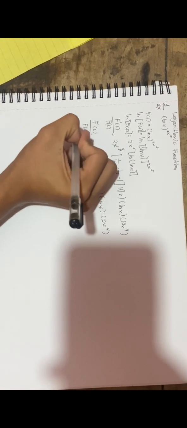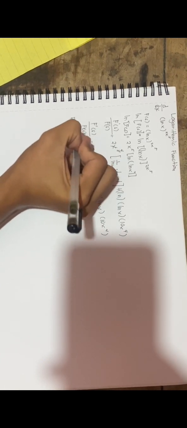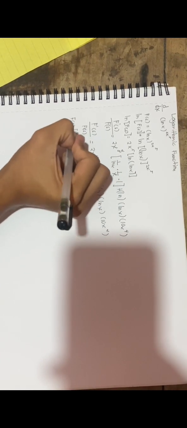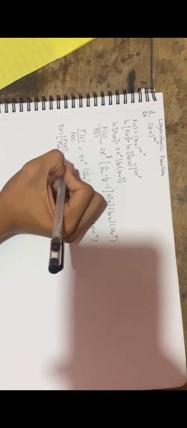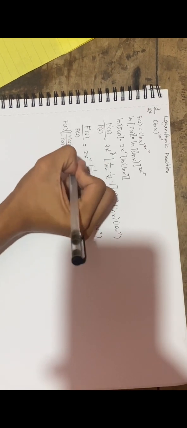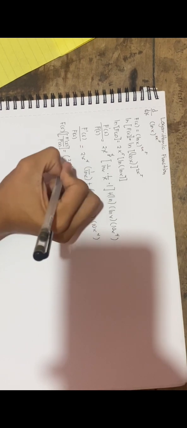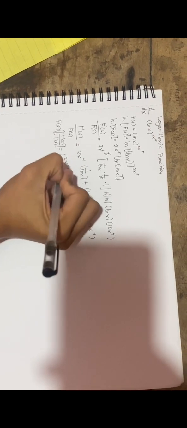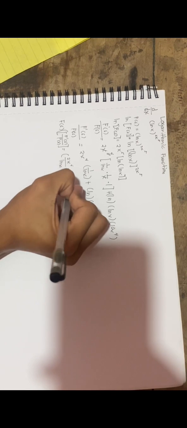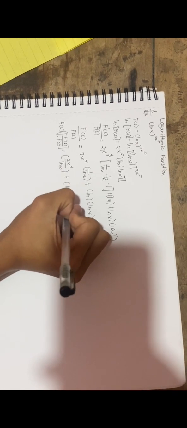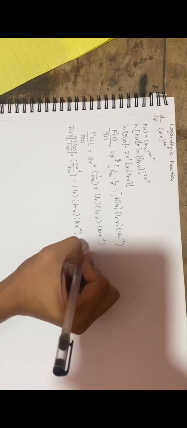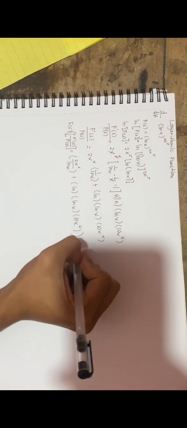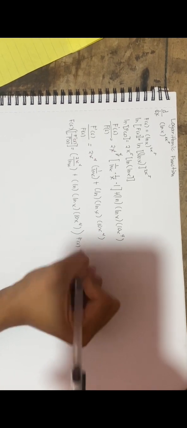To do that, let us write it first. Multiply by f of x.